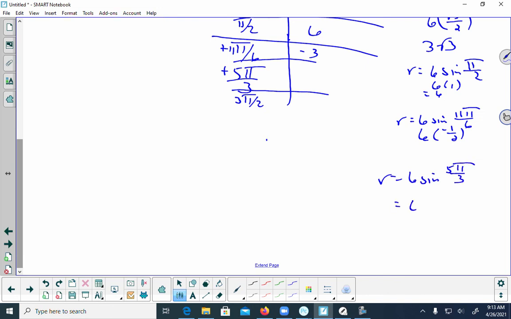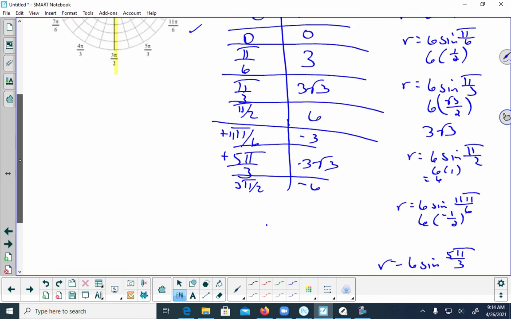So that'll be 6 times the negative square root of 3 over 2. There's a negative sign there, which will be negative 3 square roots of 3. And finally, r is equal to 6 times the sine of 3 pi over 2. So r is equal to 6 times negative 1, which will be negative 6. Wonder if my graph paper goes to 6.